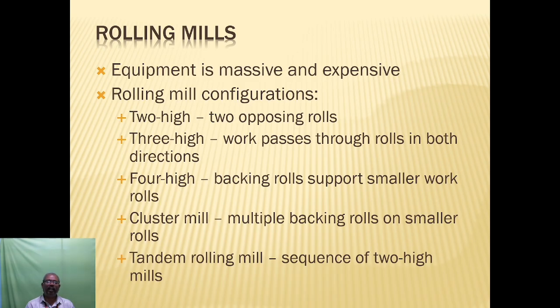In 3 high rolling mill configuration, the work is passed through rolls in both directions. In 4 high rolling mill configuration, backing rolls support smaller work rolls. Cluster mill, multiple backing rolls on smaller rolls. Tandem rolling mill is a sequence of 2 high rolling mills.